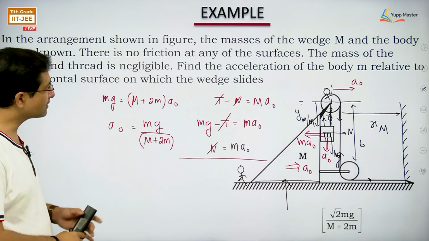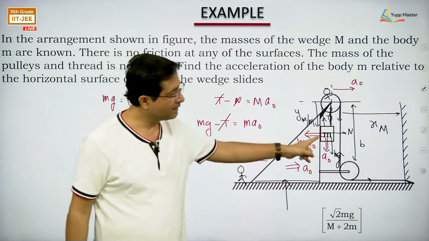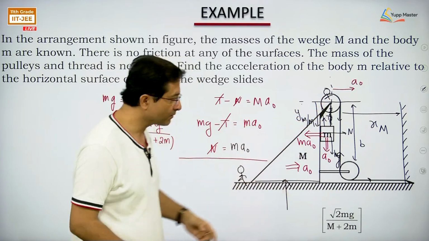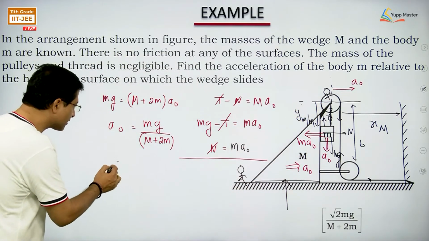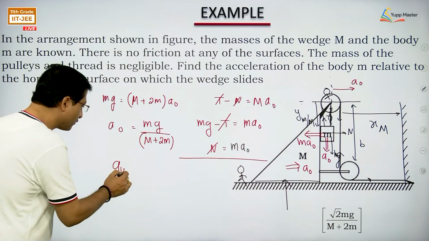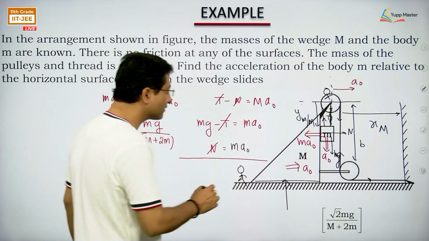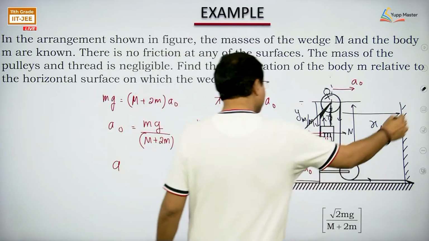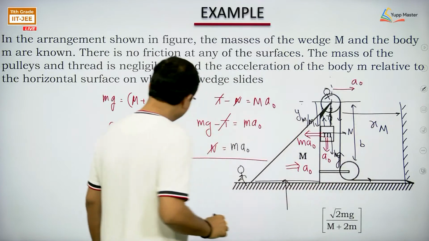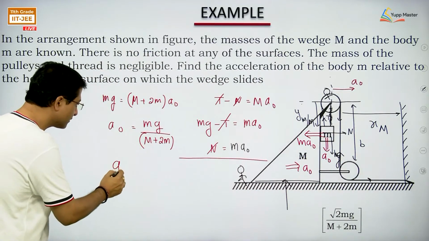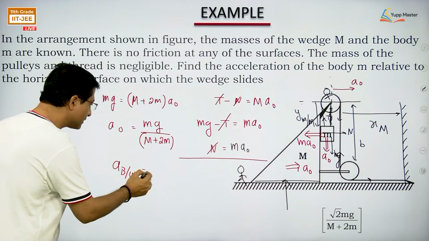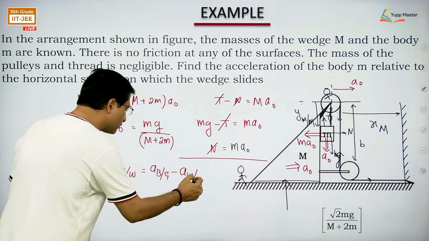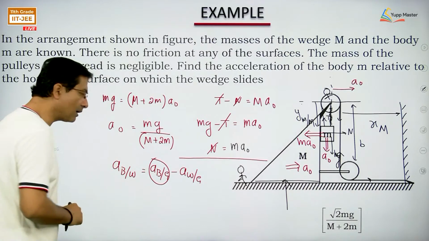So this is the acceleration of the block in the y direction you are getting with respect to the wedge. If I apply the relative acceleration formula, the acceleration of block with respect to wedge is the acceleration of block with respect to ground minus the acceleration of wedge with respect to ground. This I want to find out.